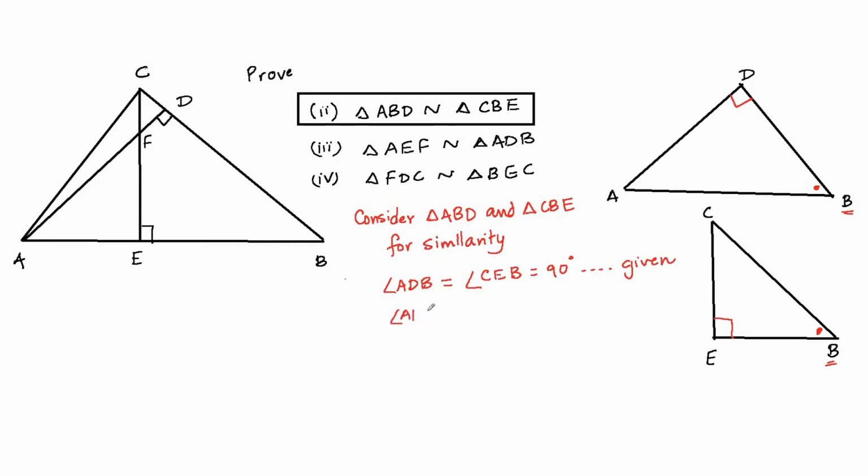Also, angle ABD is equal to angle CBE because this is the common angle. And therefore I can say that triangle ABD is similar to triangle CBE because of the AA test of similarity, right? And hence proved. This is what we had to prove in this question. Pausing for a few seconds before we move on to our next question.